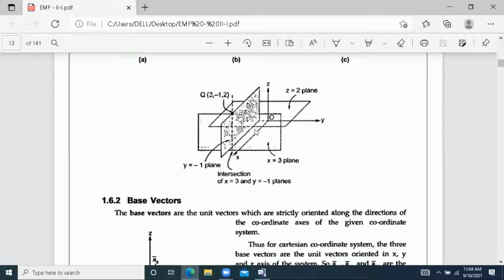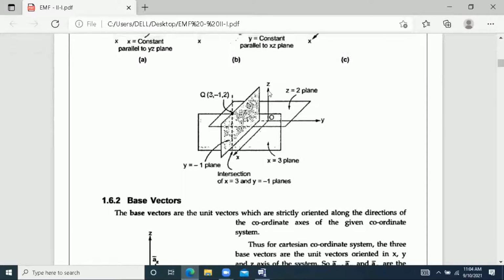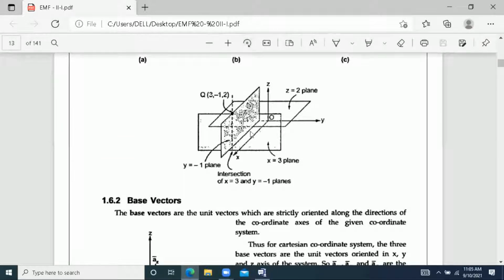The X, Y, and Z. So when we speak about a small change from any specific point, we are talking about a small change in both the X, the Y, and the Z.